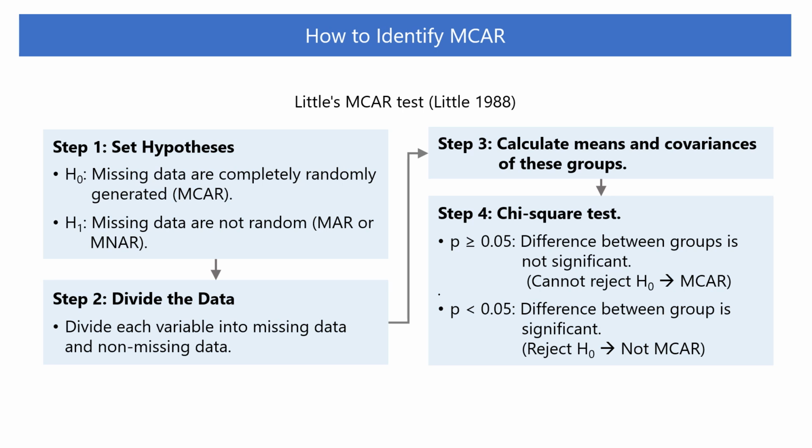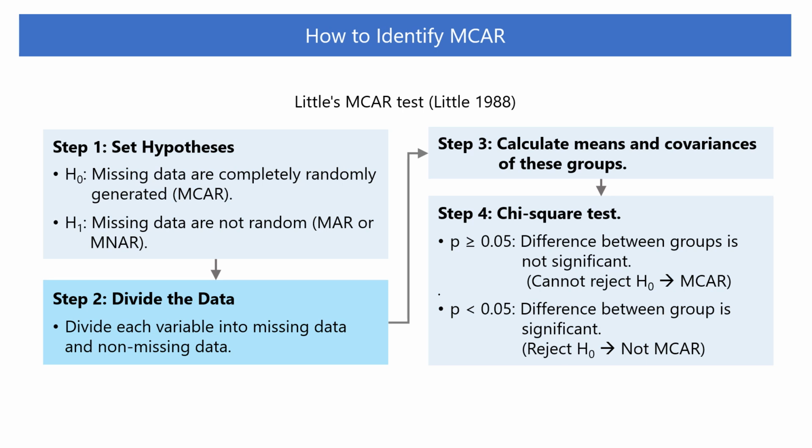The steps for Little's MCAR test are as follows. First, we set up a null hypothesis and an alternative hypothesis. The null hypothesis is that the missing data are completely randomly generated. The alternative hypothesis is that the missing data are not random, but occur according to some regularity or relationship.